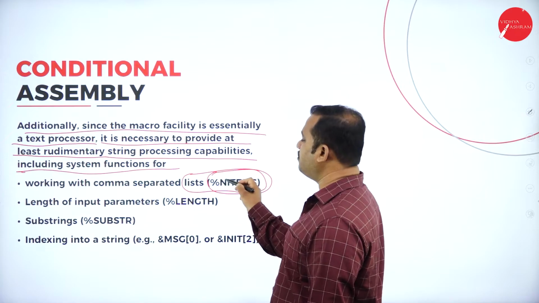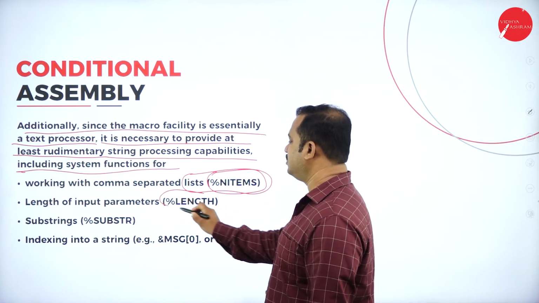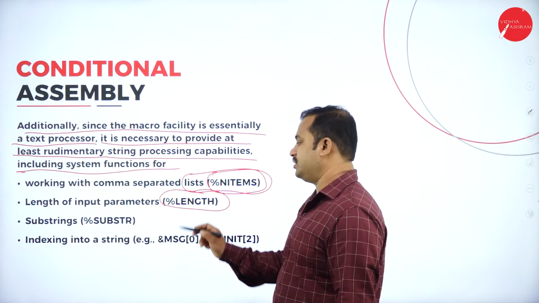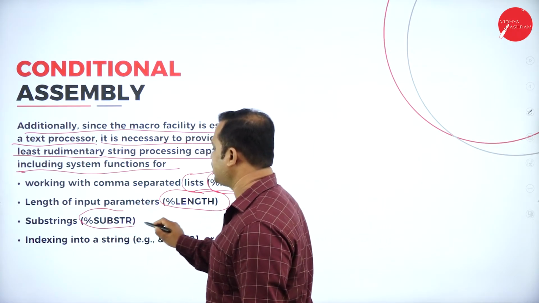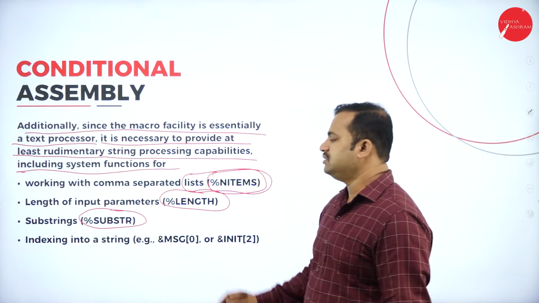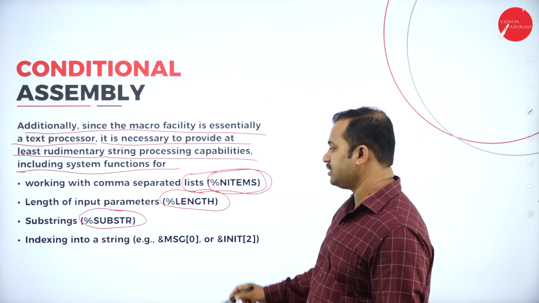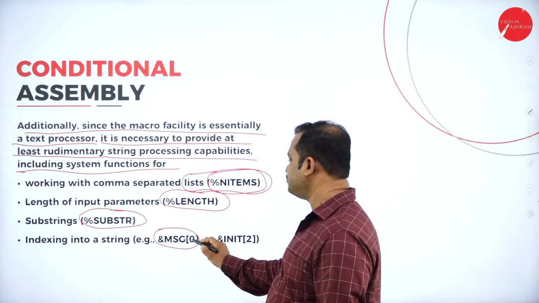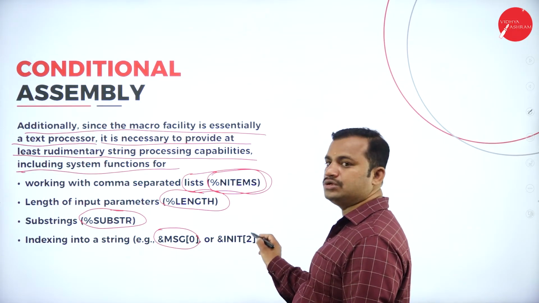This indicates the number of items. Then the length of the characters, the length of a word. Then we have the substring, which indicates the length of the substring. Then indexing, that is, the message from 0, message from 2 is to be considered.